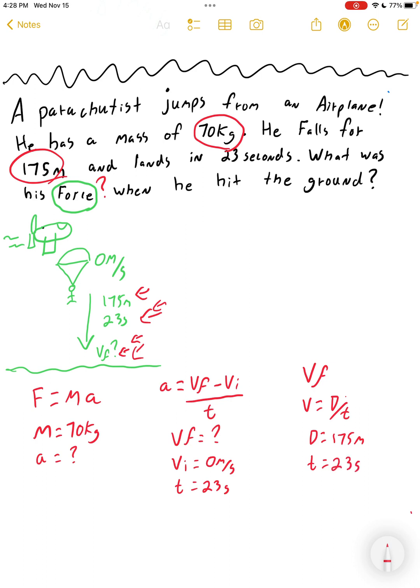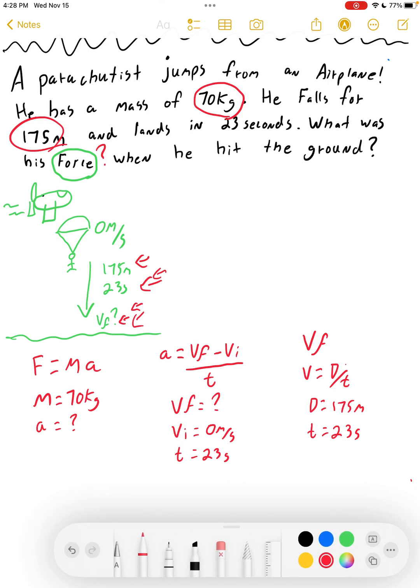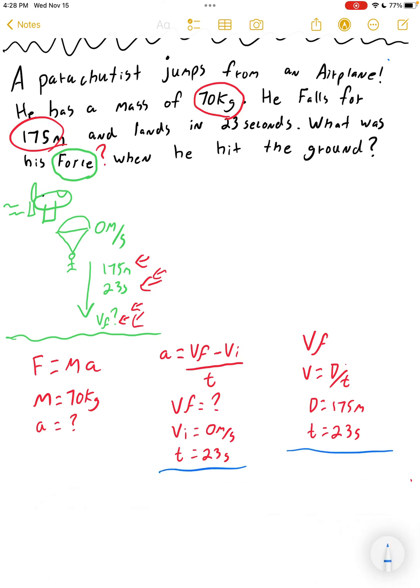Okay, so through the magic of the iPad, magic of preparing ahead of time, I've gone ahead and done my calculations. Okay, so it's going to be a little quicker, but again, make sure you always bring your calculators to class. So velocity is distance divided by time.